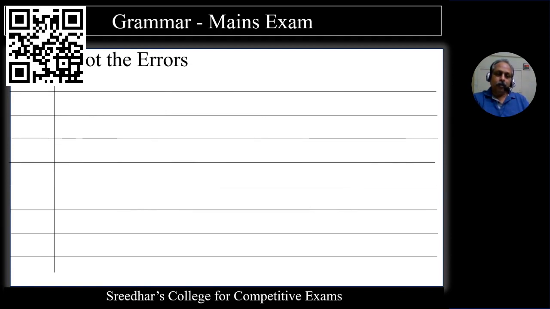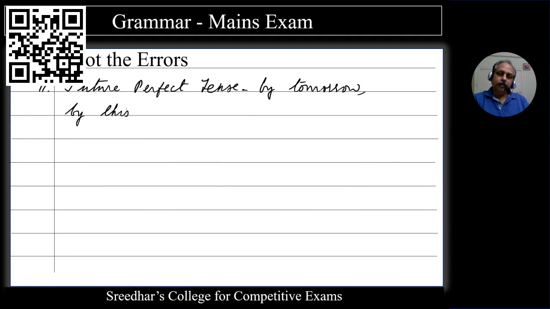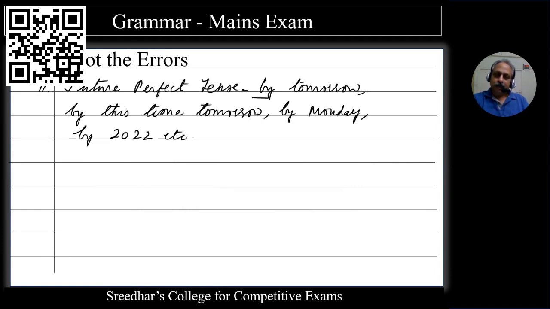Now let us go to the next one. Future perfect tense. By tomorrow, by this time tomorrow, by Monday, by 2022, etc. The most important clue for you when it comes to future perfect tense, the preposition by and a given time in future.